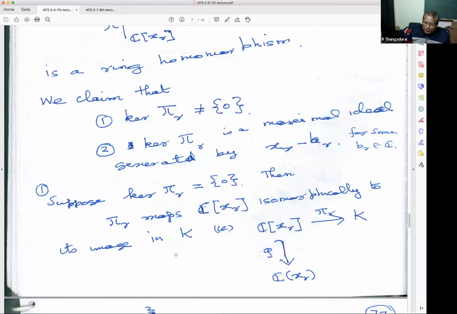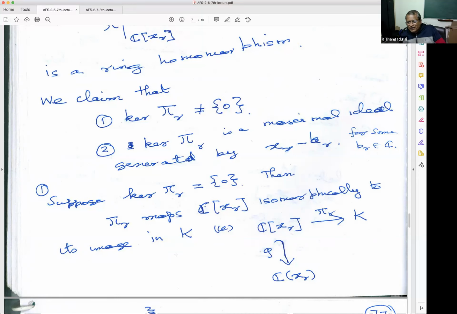Already we know that the field of fractions of this polynomial ring is the field of rational functions in the variable xr. Then we have a map, which we call phi, and this is also an injective map. Since pi_r is injective, phi is injective. Therefore there is a unique homomorphism.